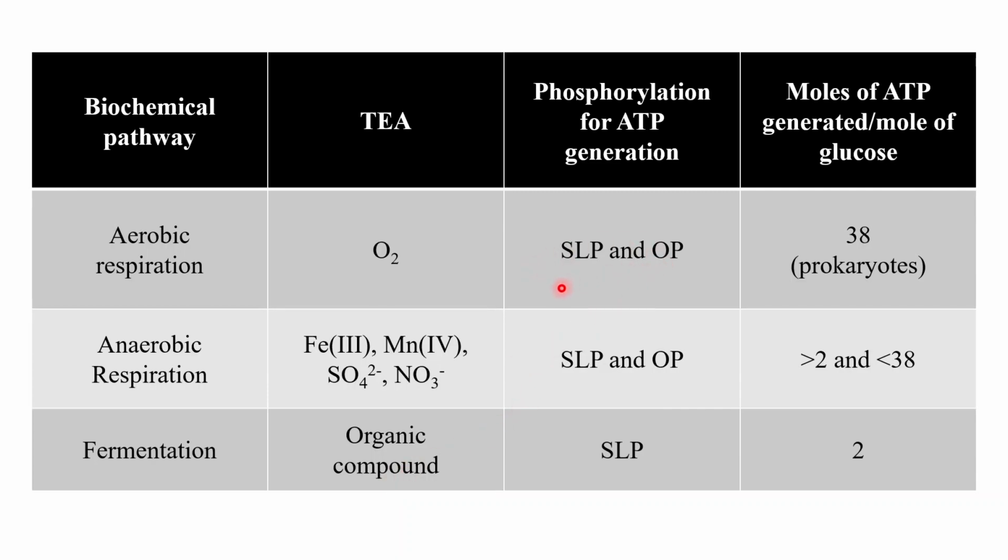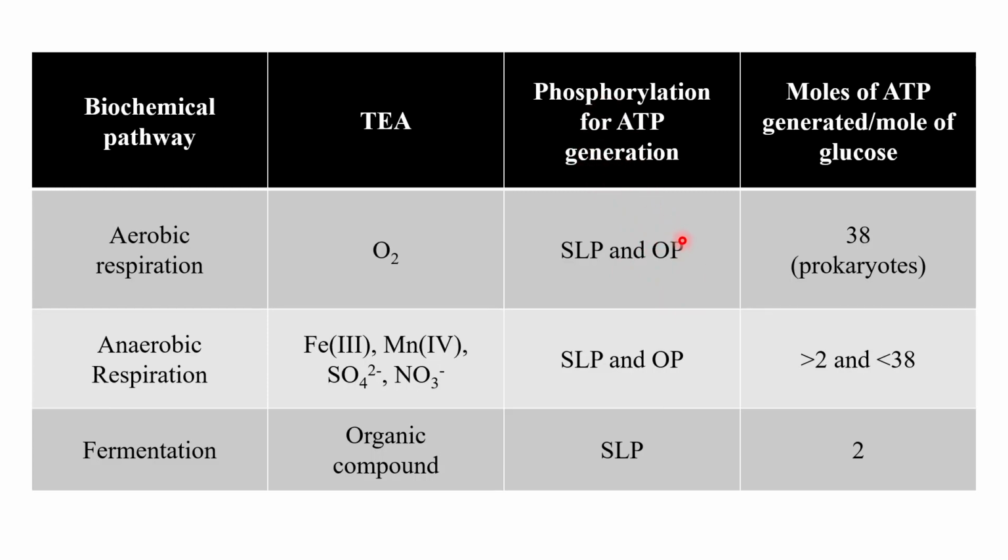So you have two types of phosphorylation process for ATP generation. One is called substrate level phosphorylation, that is SLP, and the second is oxidative phosphorylation, that is OP. Okay, the oxidative phosphorylation is the one where the ATP synthase is generating ATP.